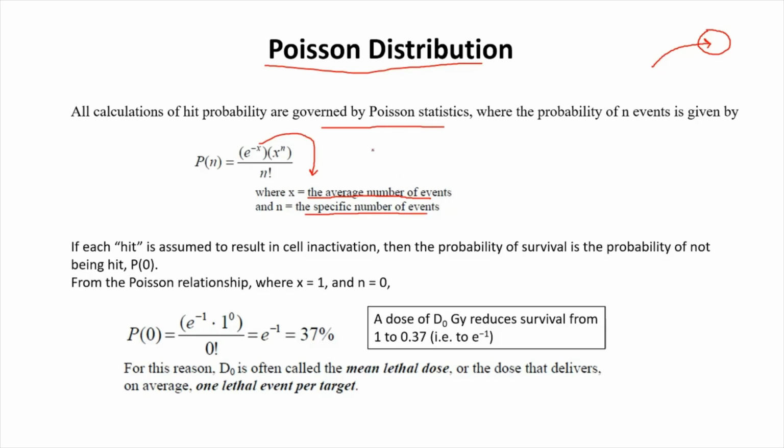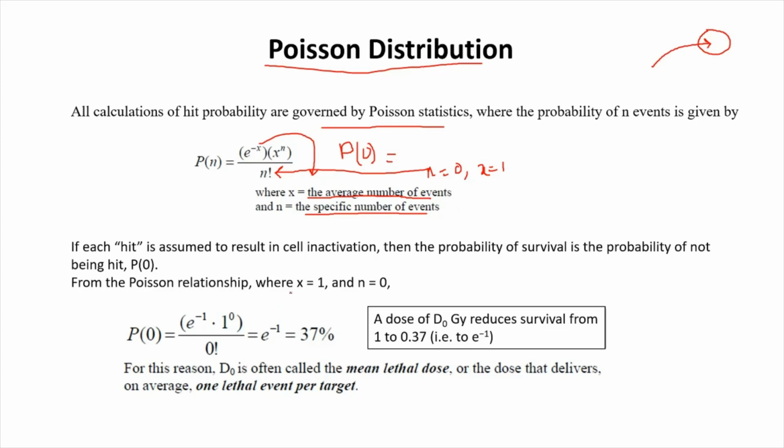Now let us find the probability that the given cell will survive. As I mentioned before, for the cell to survive, it must have zero hits. So what's the probability of having zero hits? That is when n equals 0 and the average number of events x equals 1. Find the probability from this formula, and you will find that it equals 0.37 or 37%.